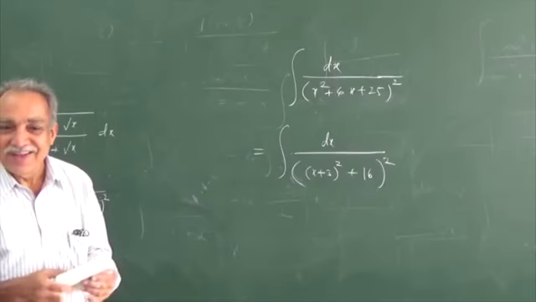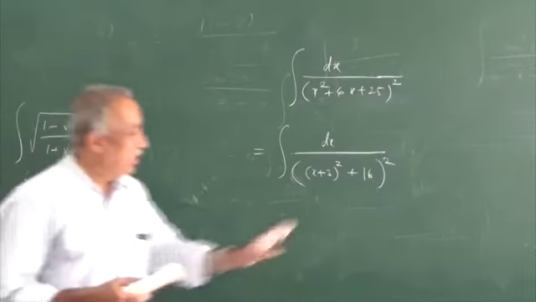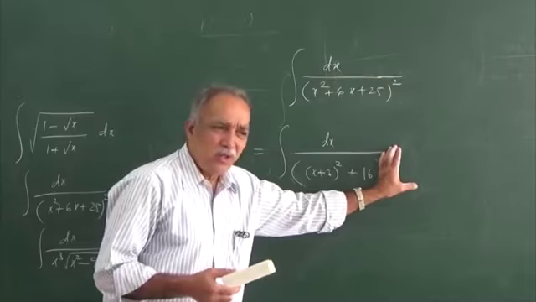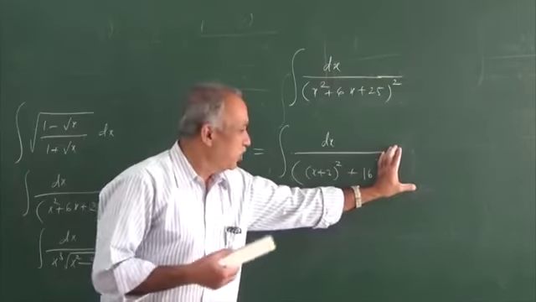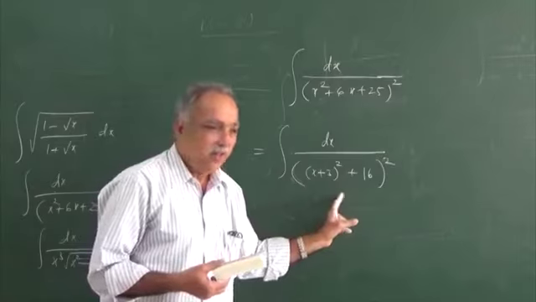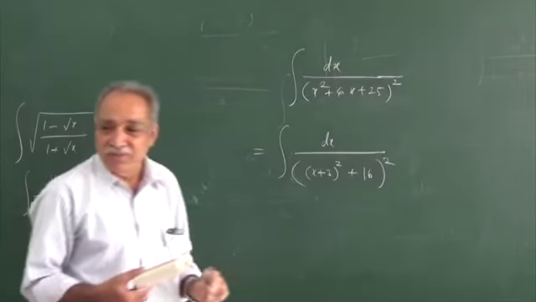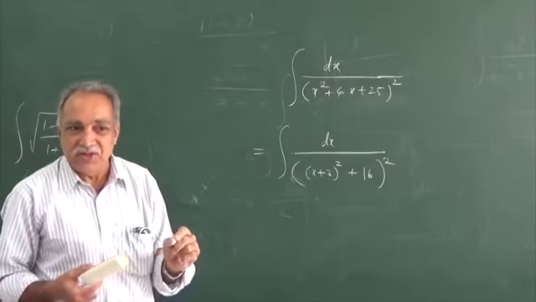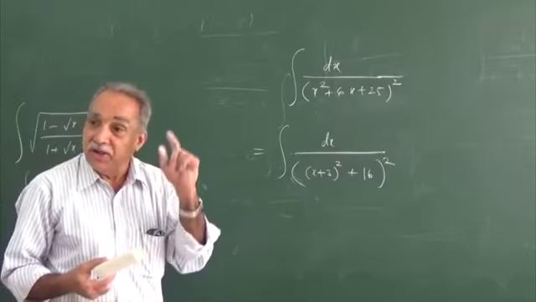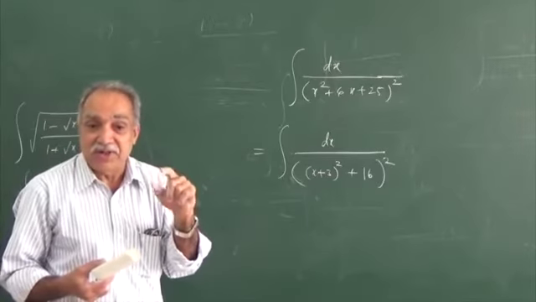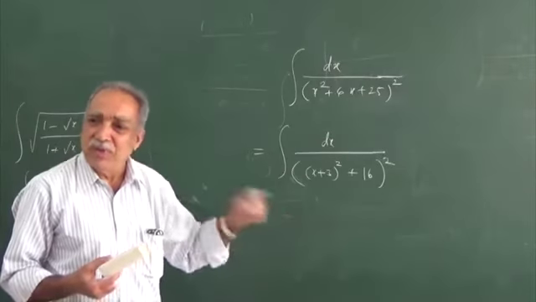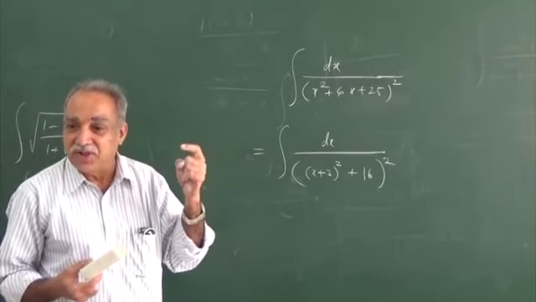If the denominator is just this much, it would have been a trivial thing, because you have a standard result which helps you in writing the integral. But now we have a power. Therefore, the standard result as it is is not usable, but the idea that you have used in obtaining that standard result is usable once again.